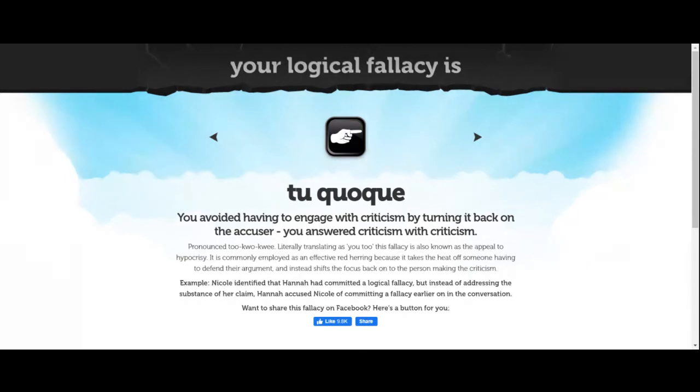So, another name for this tu quoque fallacy that's been in the news a lot in the last 4 years is whataboutism, because it's a very common practice when you're trying to defend an indefensible policy. Instead of engaging in the criticism of the policy, what the person is doing is deflecting the criticism and saying, what about these people who are doing something that I think is worse?